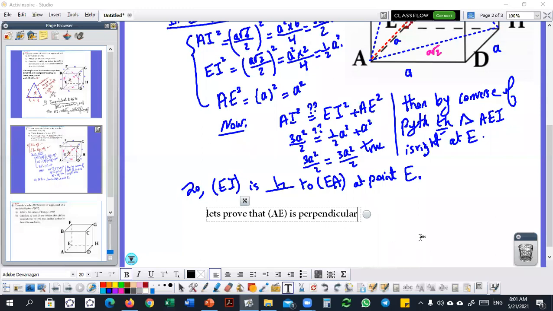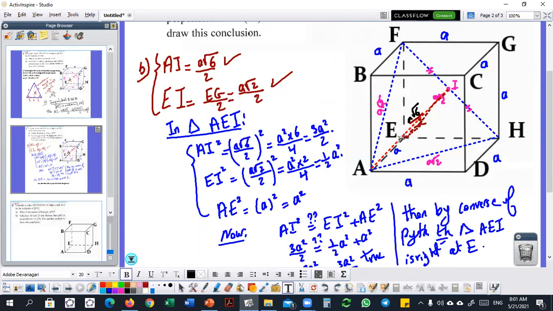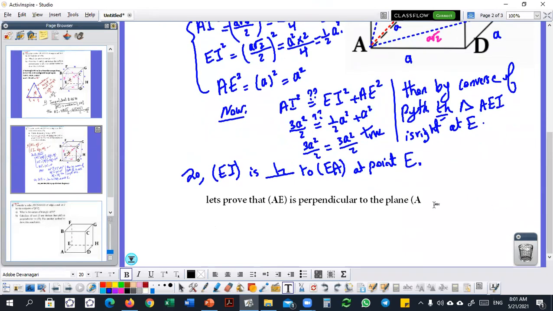Let's prove that AE is perpendicular to what? To the plane. What is the name of this plane, agreed? Sorry, E what? EFH. EFH. Okay.